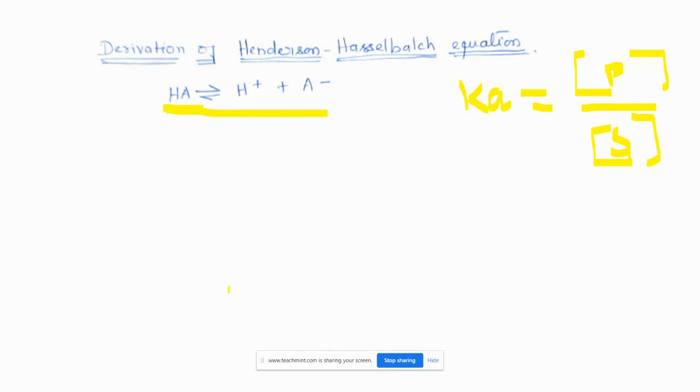For two products, it will be multiplication of the product concentrations. You change this equation and tell me, Ka is equal to... Super, super. So if you got this one, it's okay.